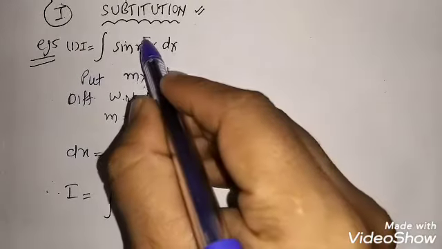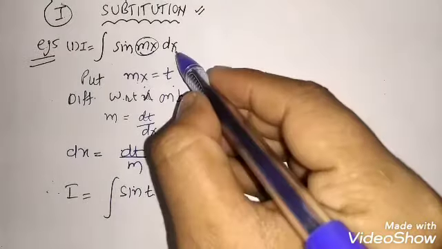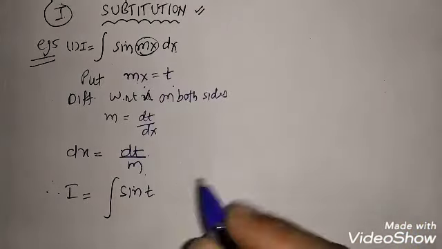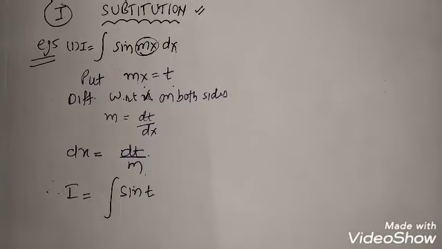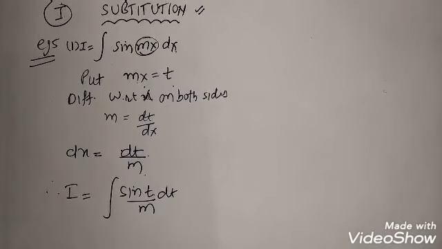What you substitute for mx? The value of mx is t. The value of dx is dt upon m, obviously. Quite easy to calculate, very easy to calculate, you can say.